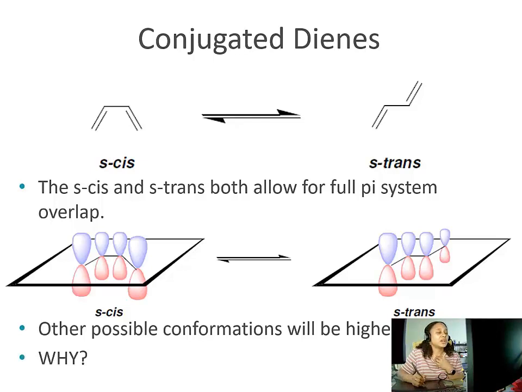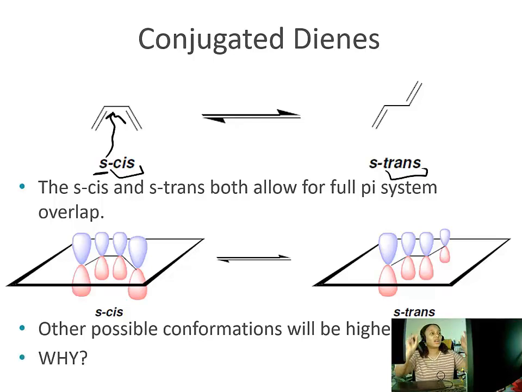So when we have these conjugated double bonds, they can be in 2 different orientations. We've learned about the terms cis and trans. S-cis and S-trans is a new term, but similar. The cis means that you have the same group across a single bond. That's what the S stands for.